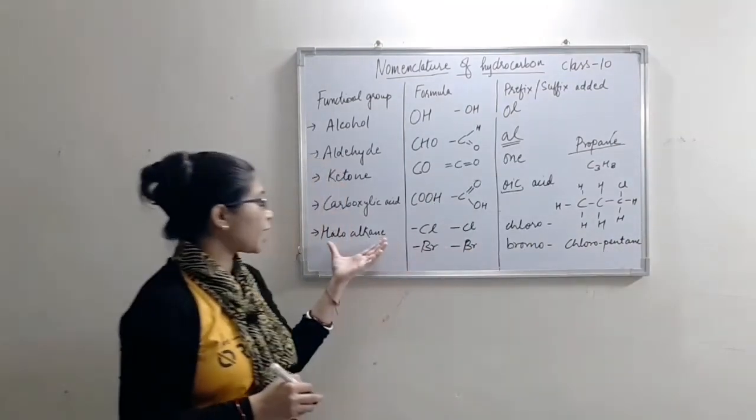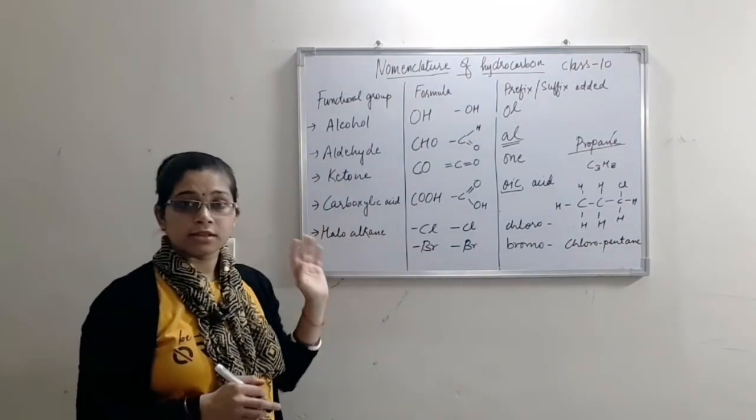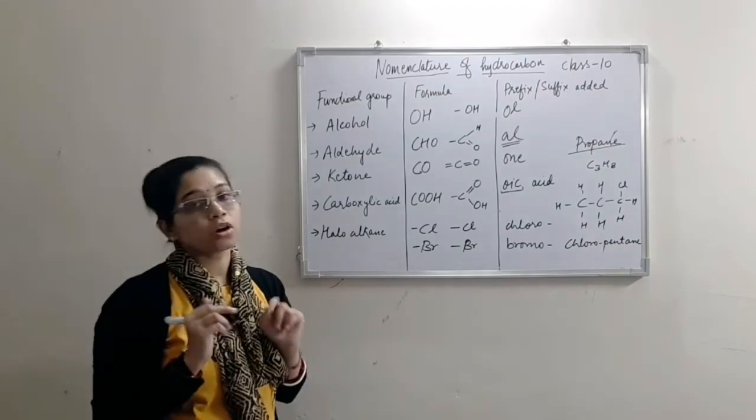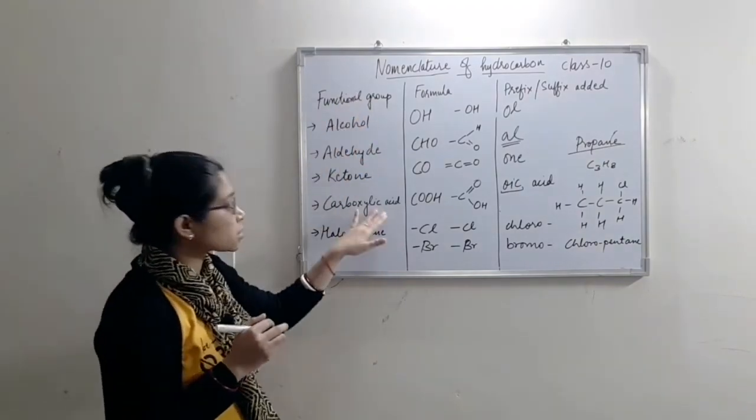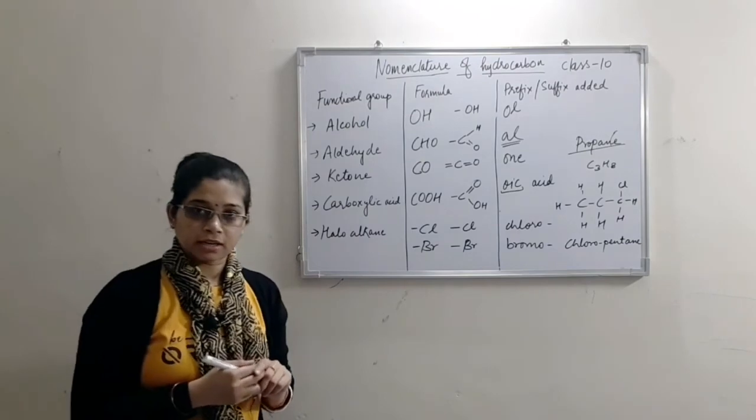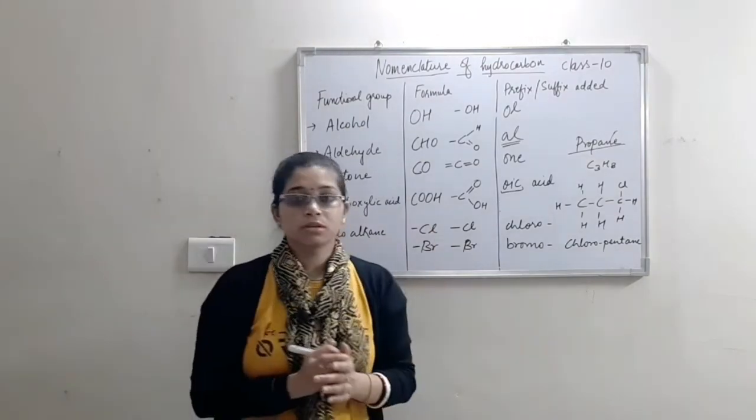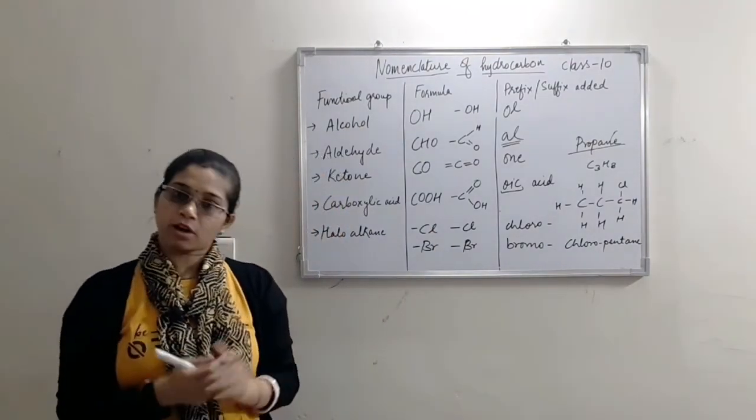Always remember that for haloalkane, the name is written by adding a prefix but not a suffix, whereas in all of these compounds a suffix is added. So this was about the naming or nomenclature of hydrocarbons.